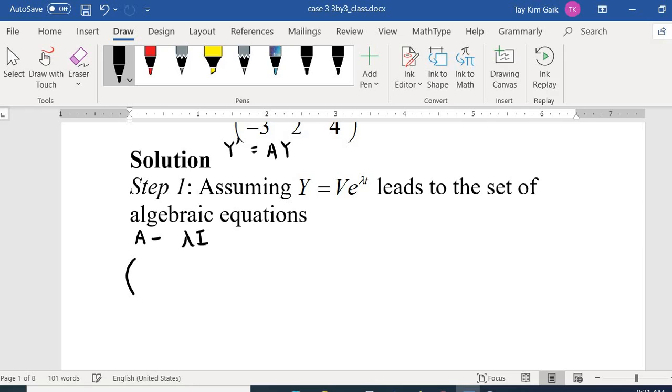So matrix A is 1, 2, 3, 1, 1, 2, 1, negative 1, 4, minus lambda times I. If A is 3 by 3, your I is the identity matrix, also 3 by 3.